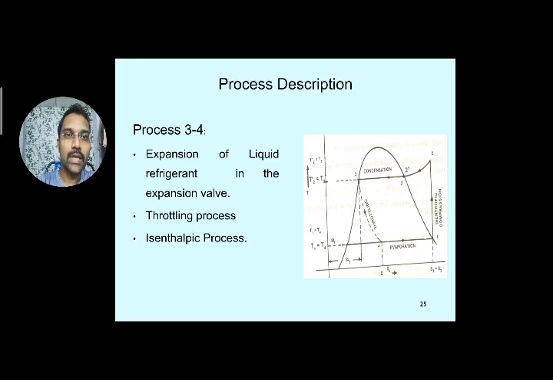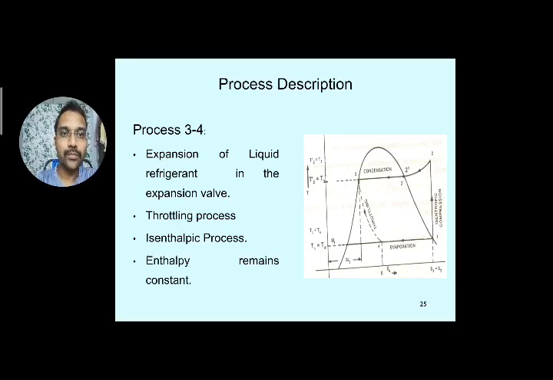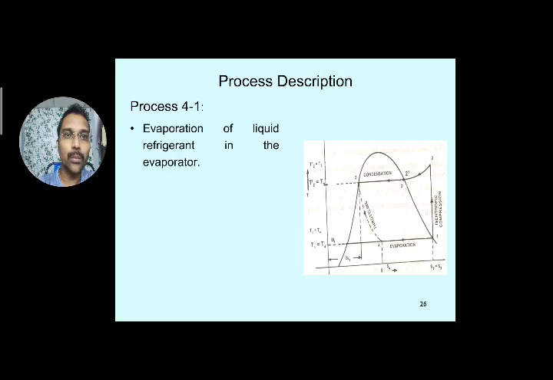And 3 to 4 is the expansion of liquid refrigerant in the expansion valve. That is a throttling process or isenthalpic process, a constant enthalpy process, so enthalpy remains constant here. Next, the 4 to 1 process is the evaporation process. Evaporation of liquid refrigerant in the evaporator takes place, and it is a constant pressure process.